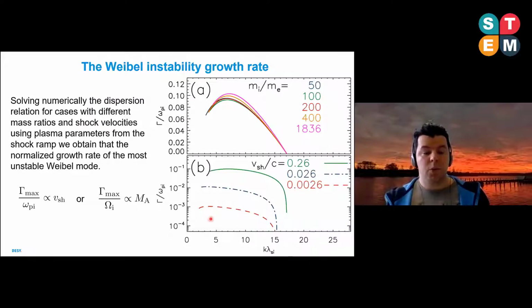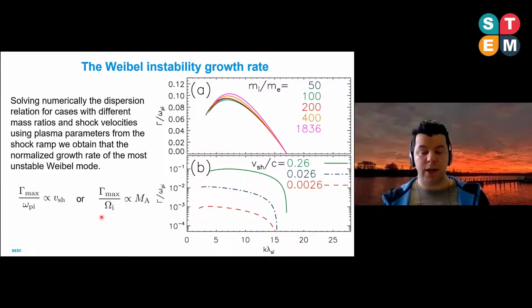We can go into the theoretical plasma physics branch and solve the dispersion relation for the Weibel instability and calculate the growth rate for this instability. Once you normalize the growth rate to its natural units, you see that it's proportional to the shock velocity.